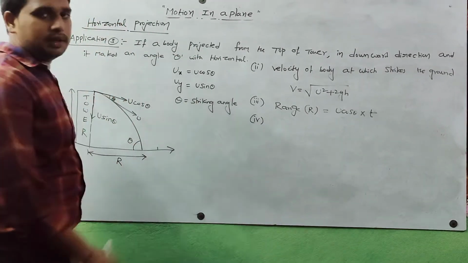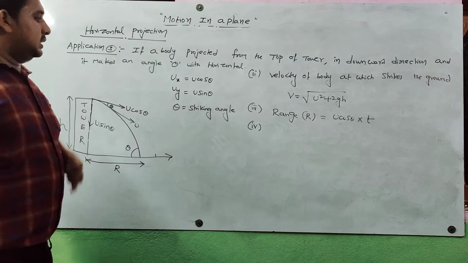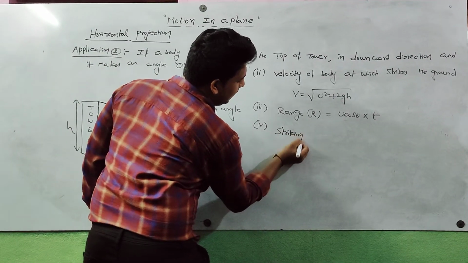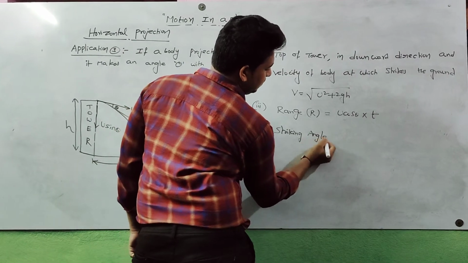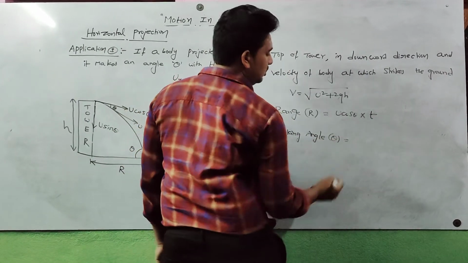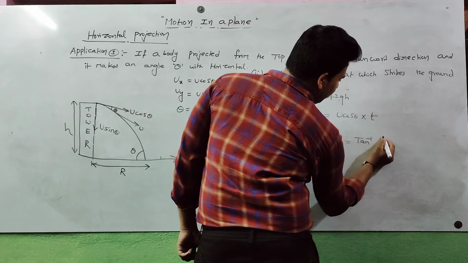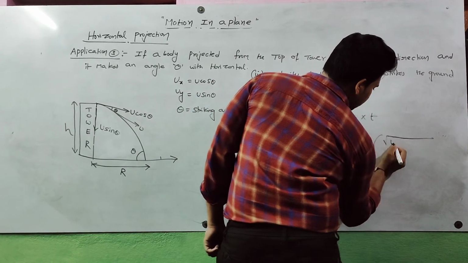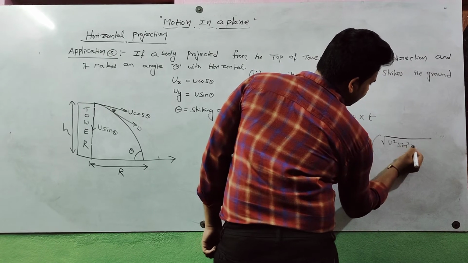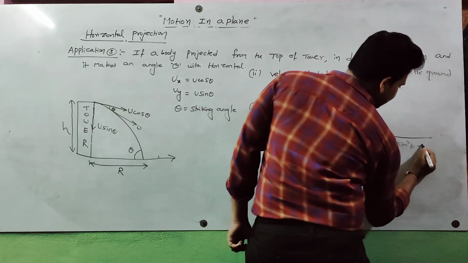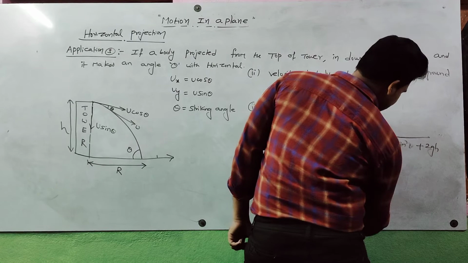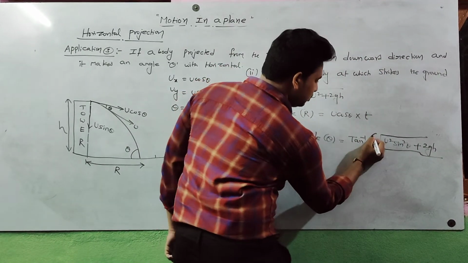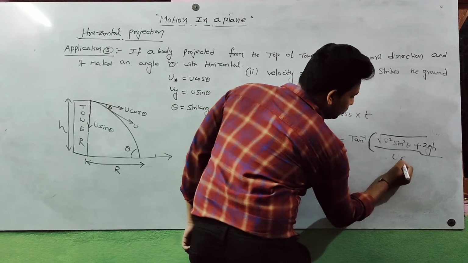Next, the fourth one, striking angle theta is equal to tan inverse of square root of u square sin square theta plus 2gh, divided by u cos theta.